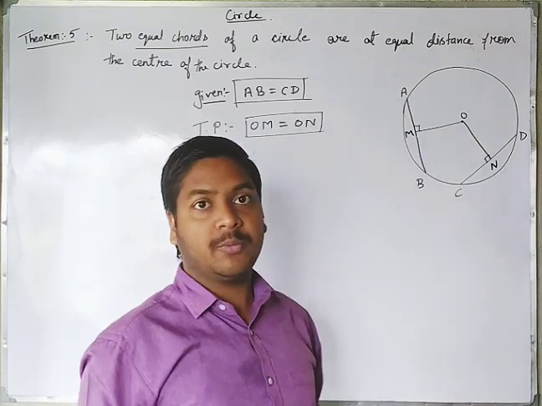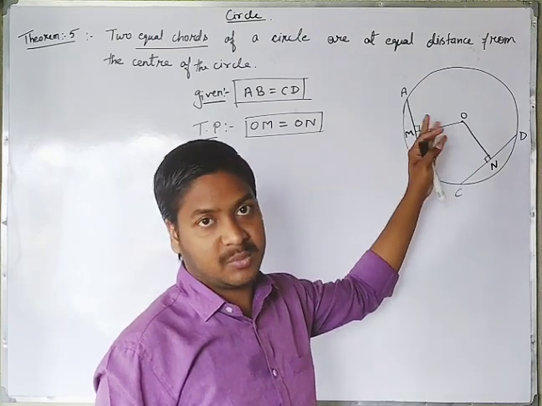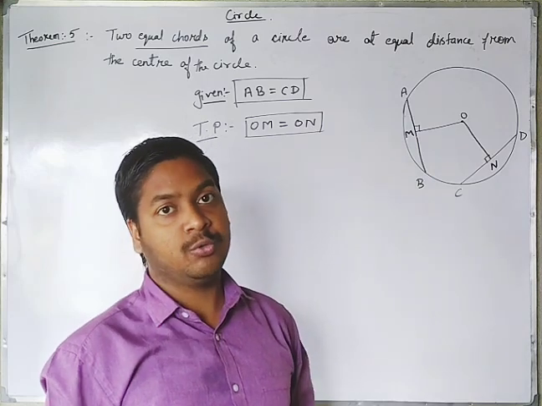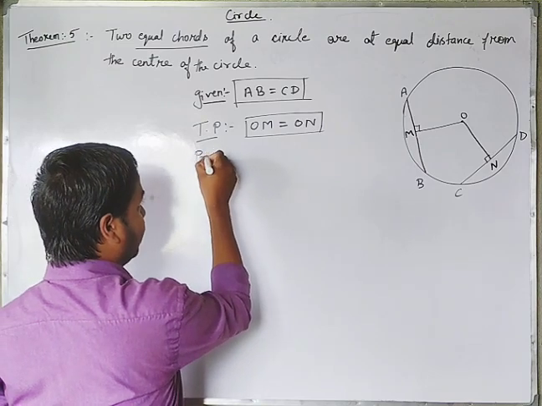In order to prove that these two perpendicular distances from the center to the chords are equal, at first we need to do some construction. So for that, at first write here proof.